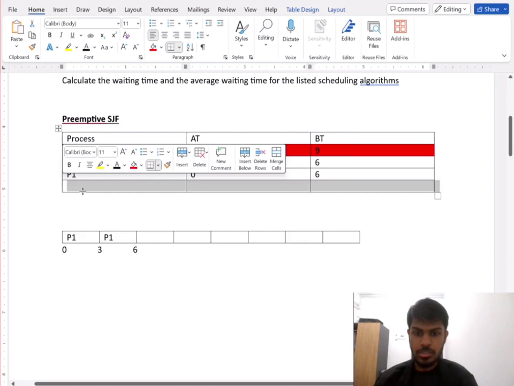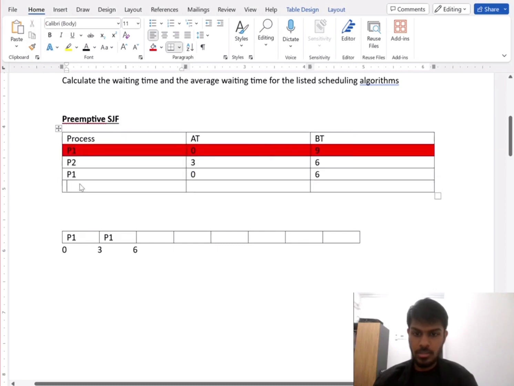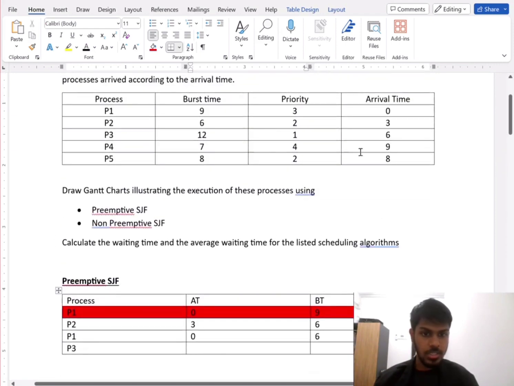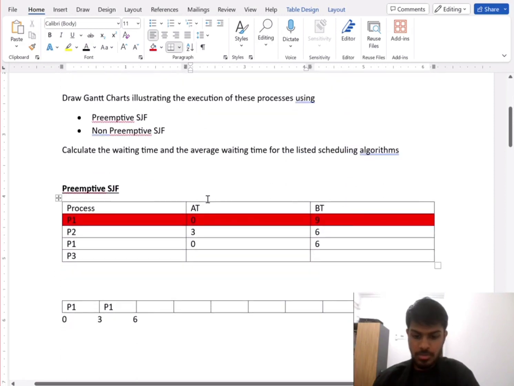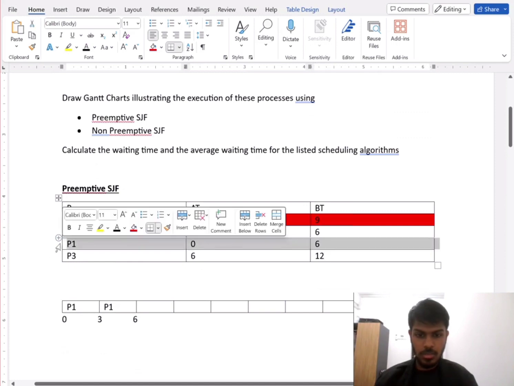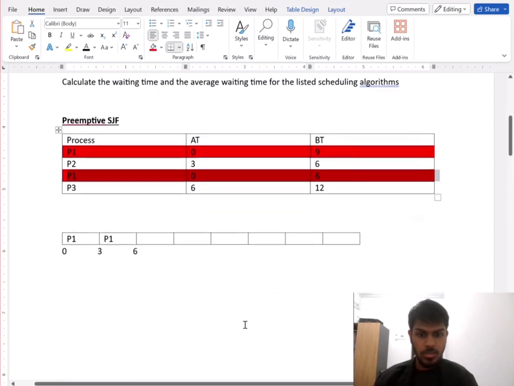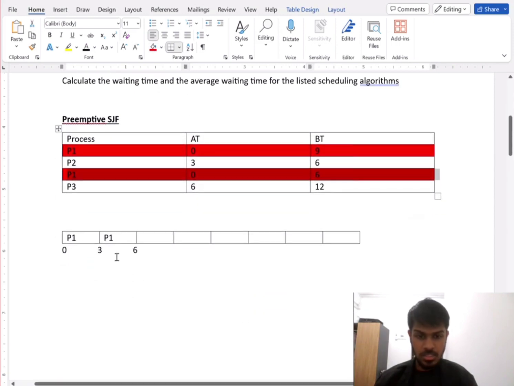Thus a new process comes in. Process stops at 6, which is process 3. The arrival time is 6 and burst time is 12, and we have to subtract. 6 minus 3 is 3 milliseconds.